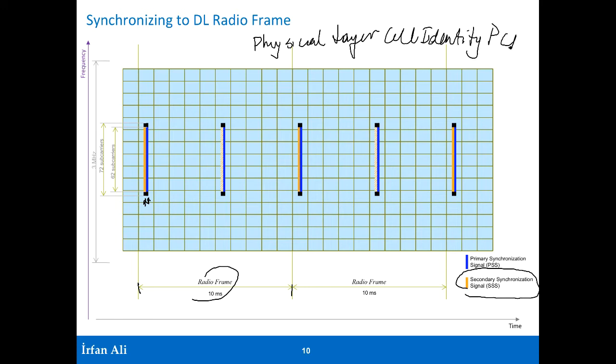You will see this in the standards being called PCI, the physical layer cell identity. So each cell, each base station has an identity, and the identity of the base station is actually a pretty long number. I think it's a 48-bit number, but 48 bits is a lot of value to try to put in and provide for a cell.